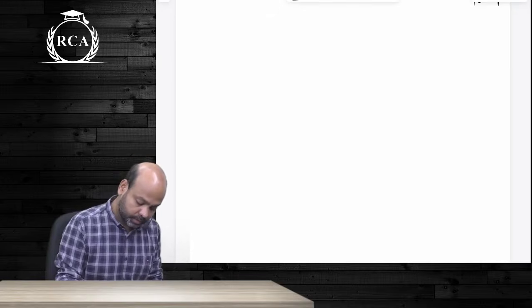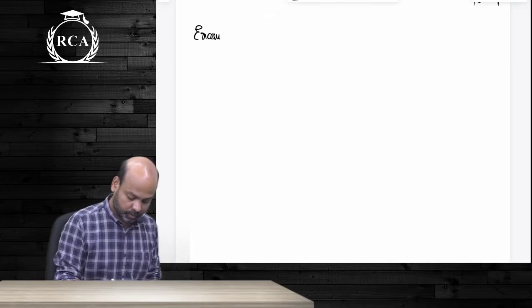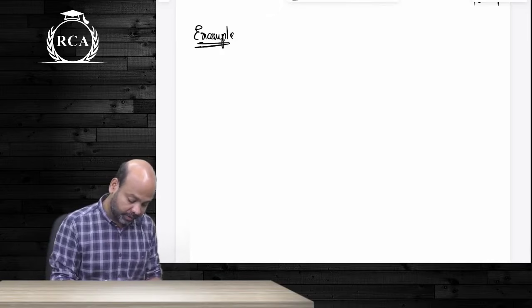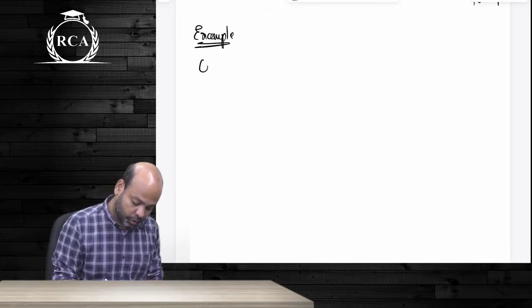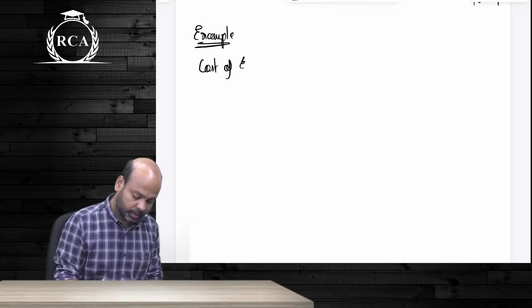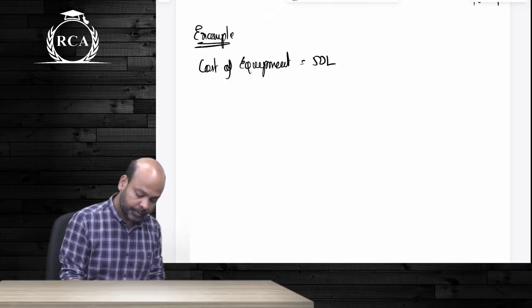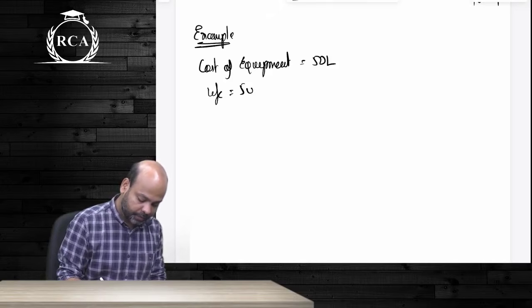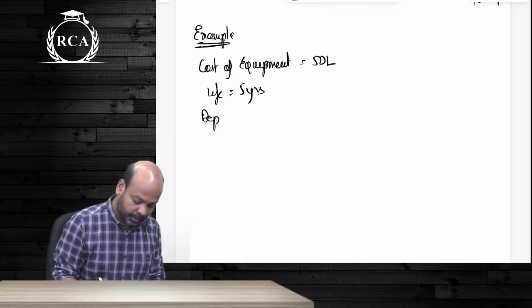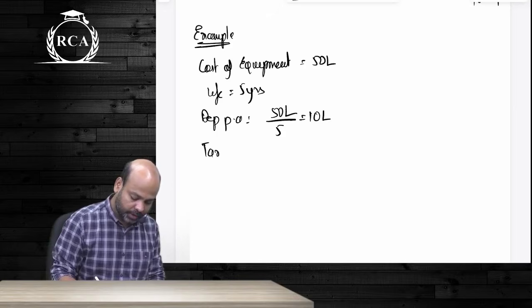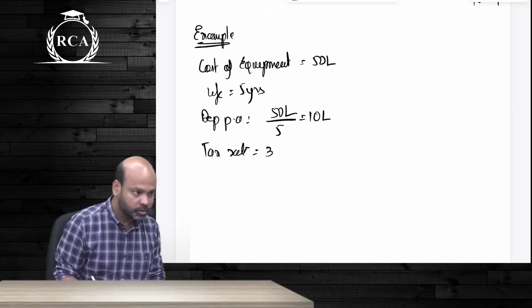Example. Let's say, guys, cost of equipment 50 lakhs, life 5 years, depreciation per annum 50 lakhs by 5 years, beta, 10 lakhs, tax rate 30%.